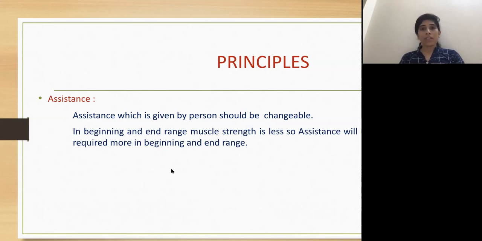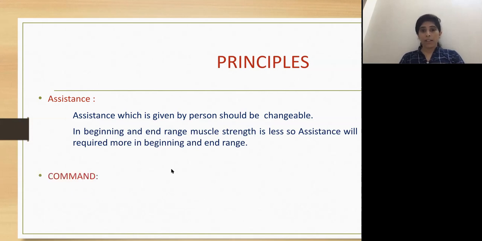First let him initiate the movement. Once the therapist feels that the patient now requires assistance, then we have to give. Generally for the initial range and the end range, we require assistance force to complete the movement.